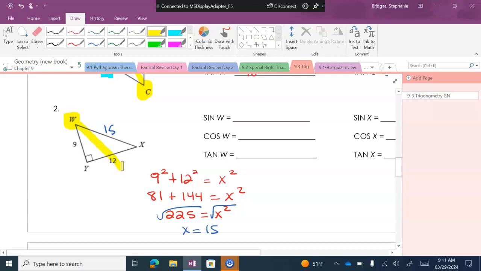And what is the hypotenuse? Okay, the hypotenuse is not going to change. The hypotenuse is going to be the same number for every sine and cosine in this triangle. The hypotenuse is always 15. What will change is the opposite and the adjacent based on which angle you're looking at. Now, 12 over 15, they can both divide by 3, correct? So that's going to turn into 4 over 5.